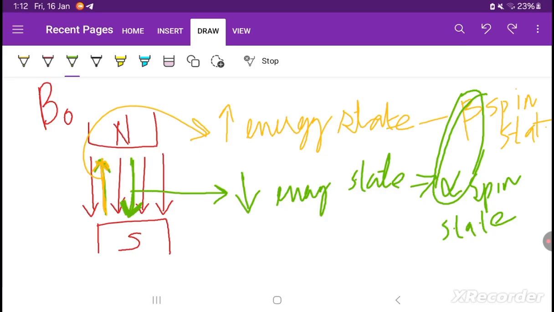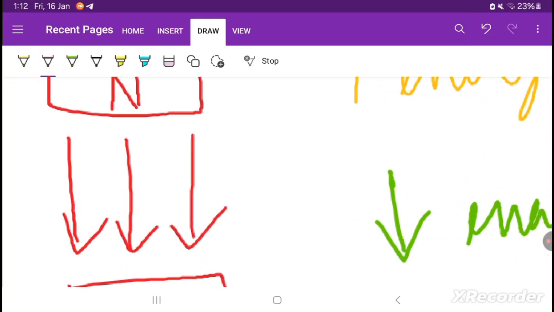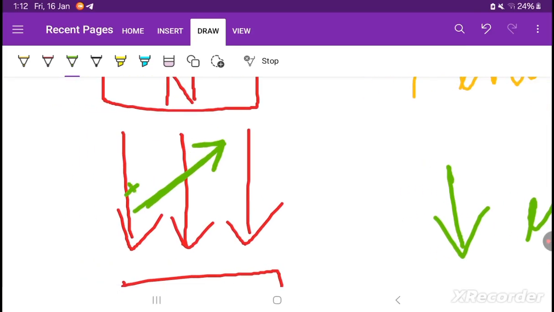So what is happening here is, this is the external magnetic field, and this one is the proton, and it will have electrons around it.